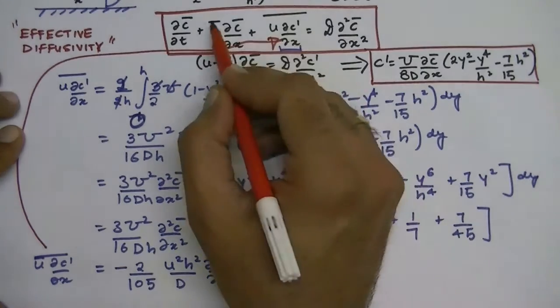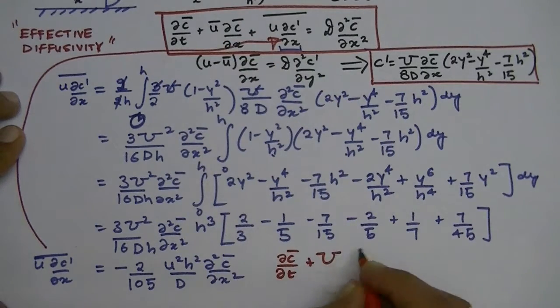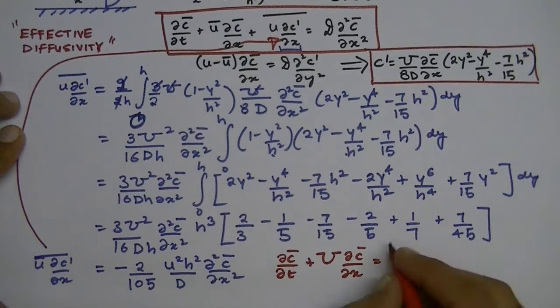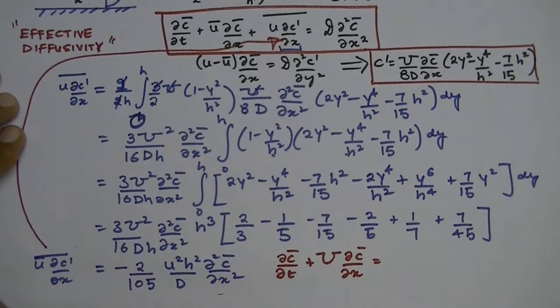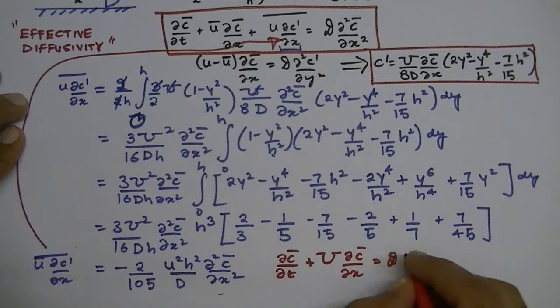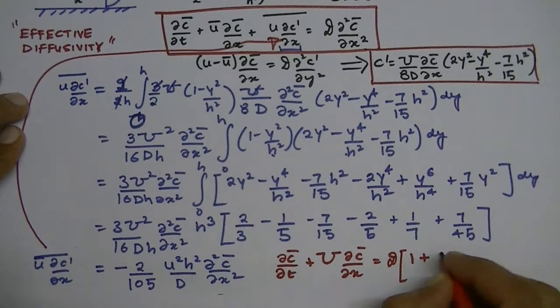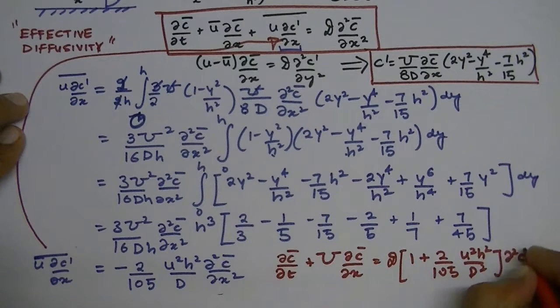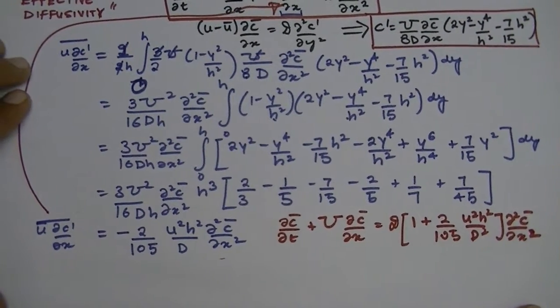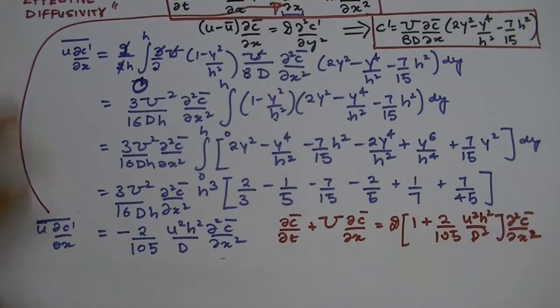as this. Because u bar is capital U, and instead of d, this term has the second gradient in terms of the mean concentration, so we would get 1 plus 2 over 105 u squared h squared over d squared times the second derivative of the concentration with respect to x.